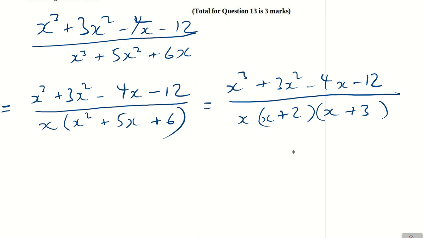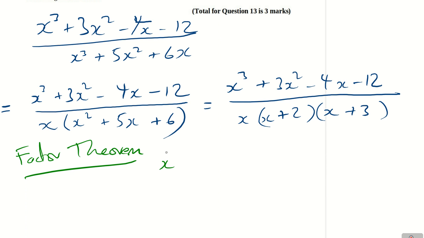However, there's something which you'll learn about when you start the A-level maths program properly, and it's called the factor theorem. It's a very quick way of enabling us to find factors of that top expression.